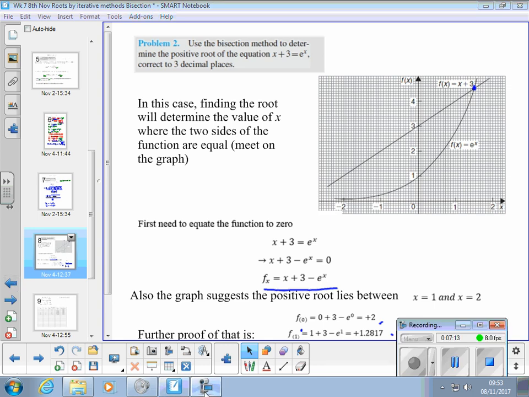You're trying to find the value where these 2 lines cross.